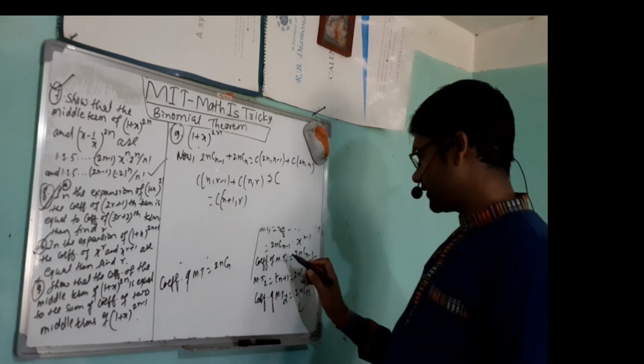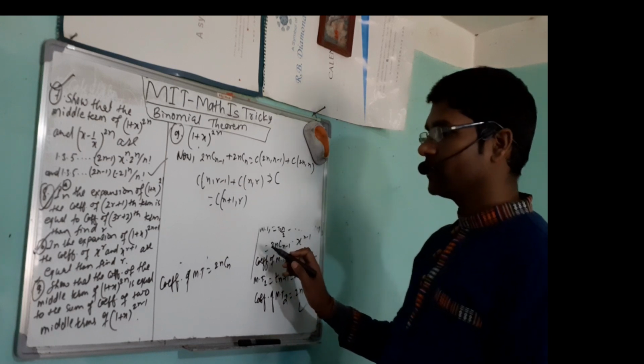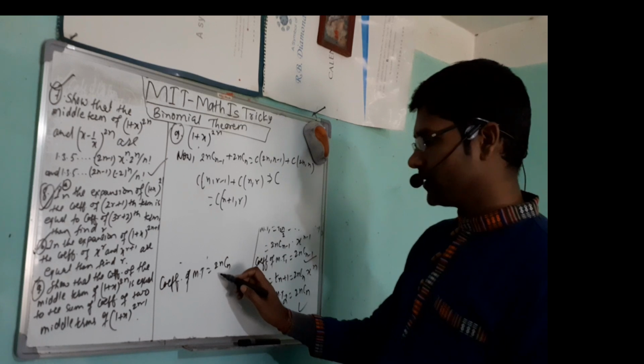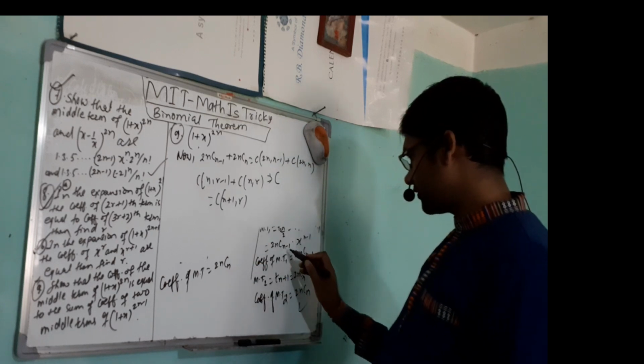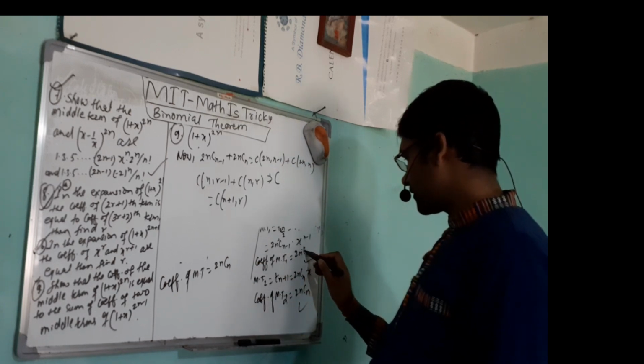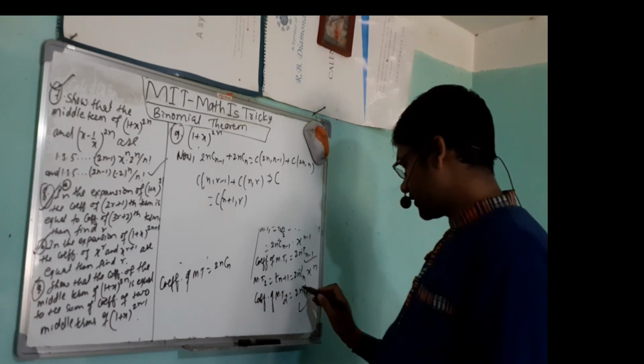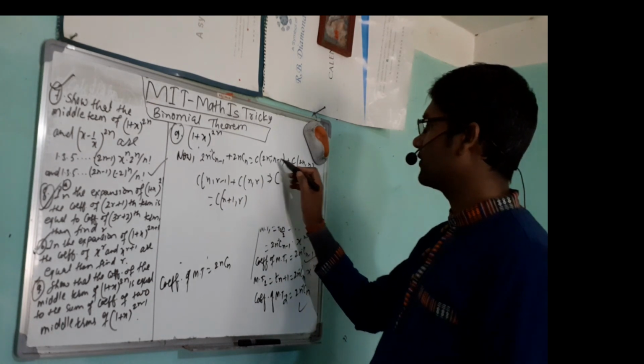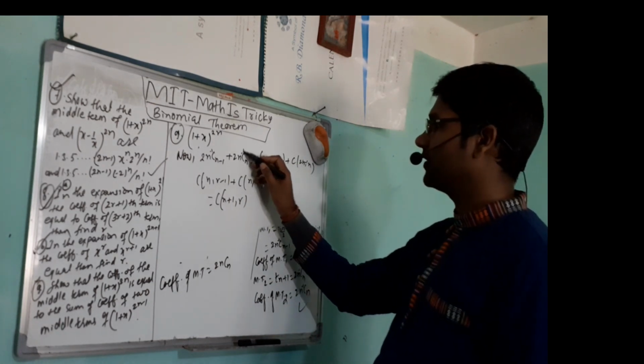So what is our answer in this case? Sorry, I made a mistake here. The power is 2n here, so minus 1 should be here.